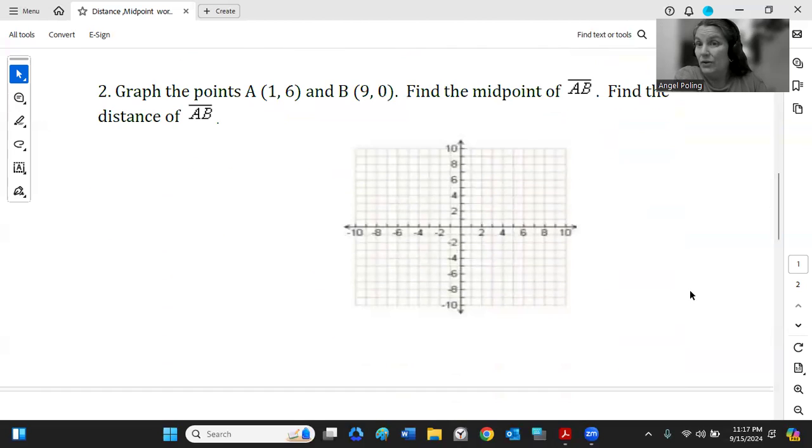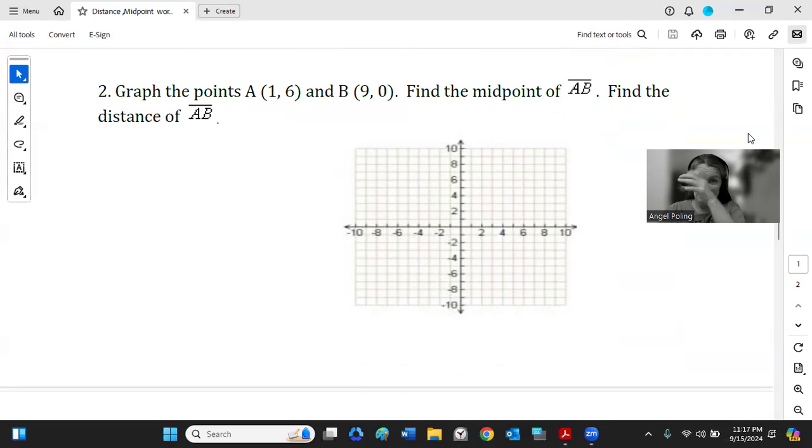In this problem, we're going to graph the 2 points, and then we're going to determine the distance from A to B. Okay, so we've got a point at 1, 6, and a point at 9, 0.